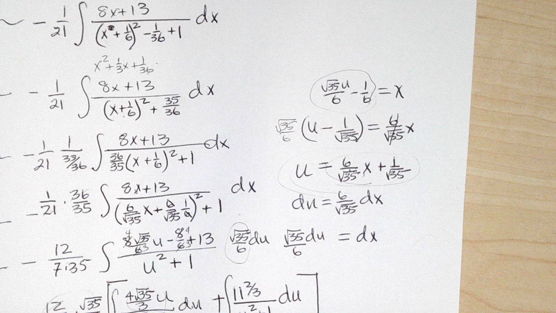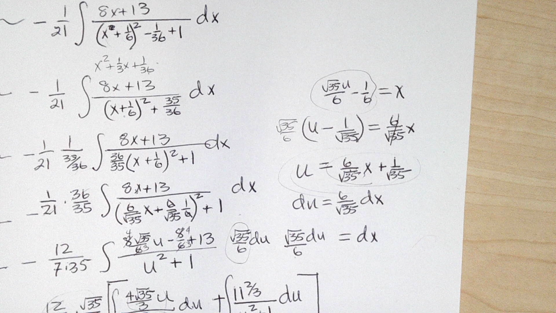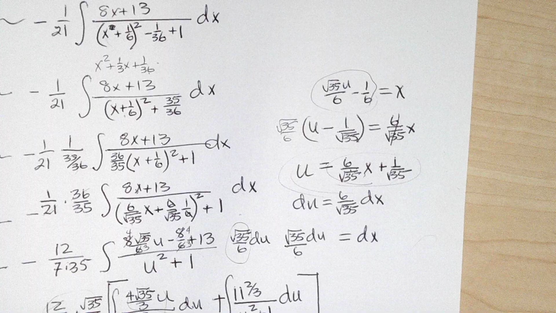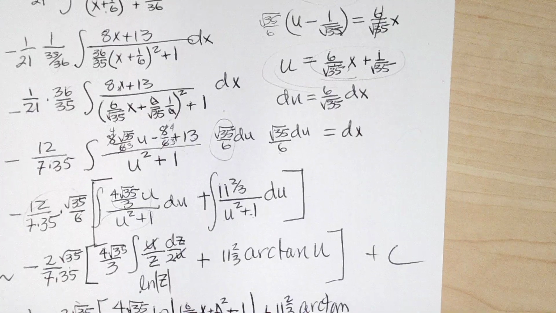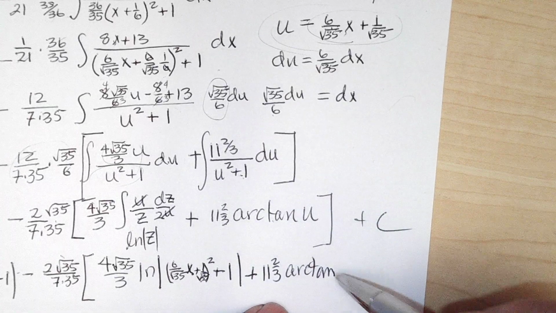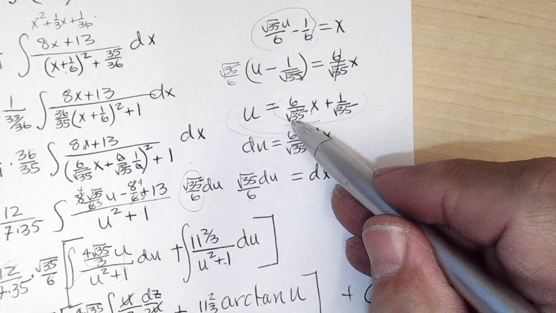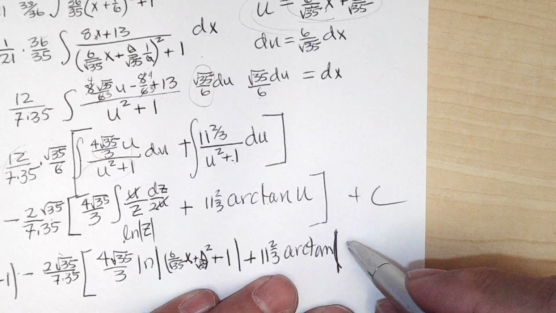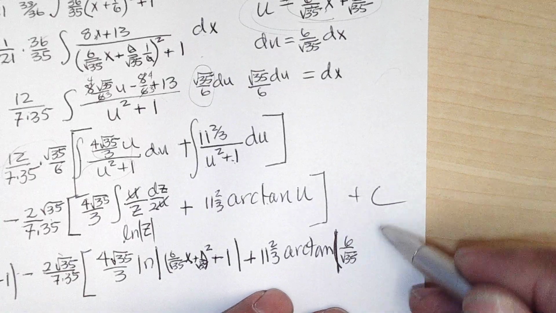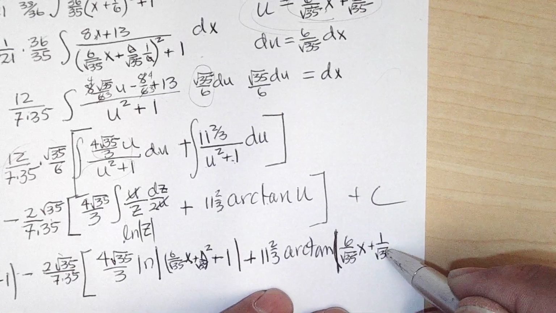So that is back to x's for this part, plus 11 and 2/3 arctangent of u, absolute value, and u was, again, this, so that's 6 over square root 35 x plus 1 over the square root of 35.